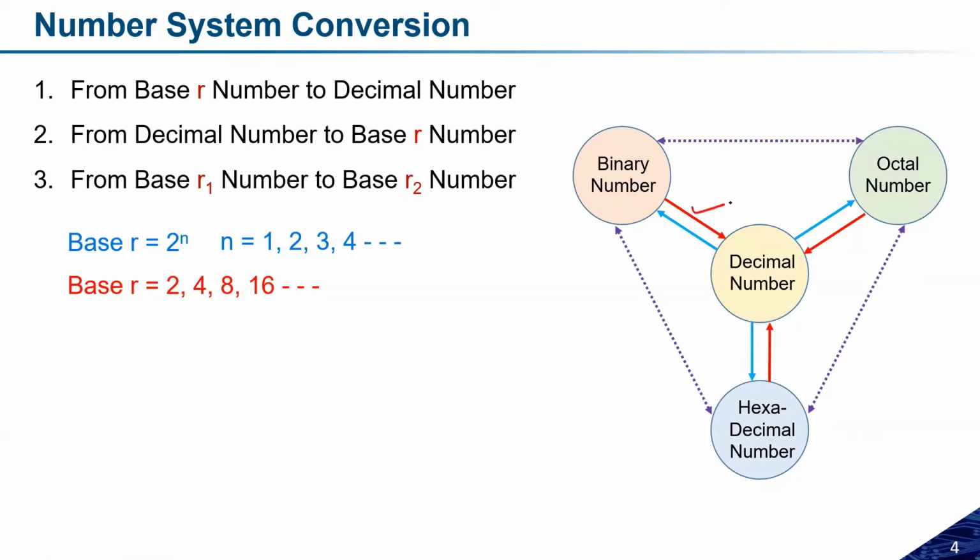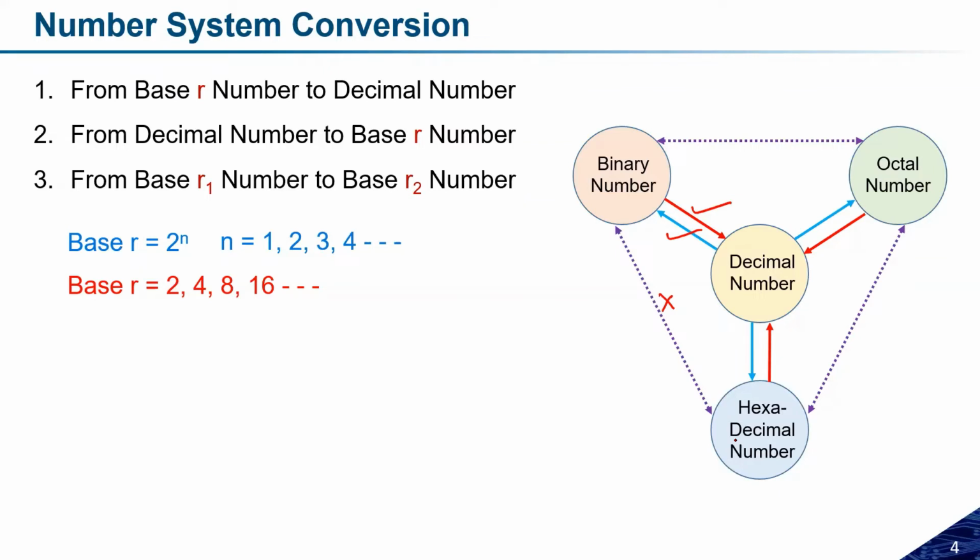So the red one and this blue one are the direct conversions. But for this purple one, direct conversion from binary to hexadecimal, or octal to hexadecimal, is not possible. Yes, this is also possible. Shortcut tricks are also there to do that, but this is not the actual way to convert it.